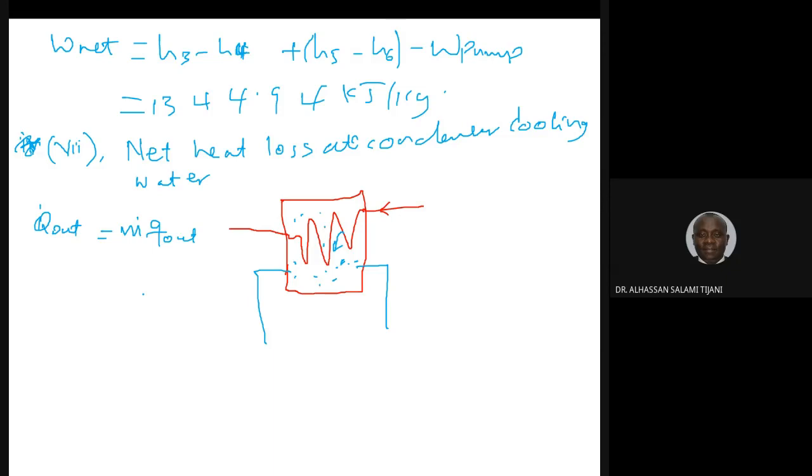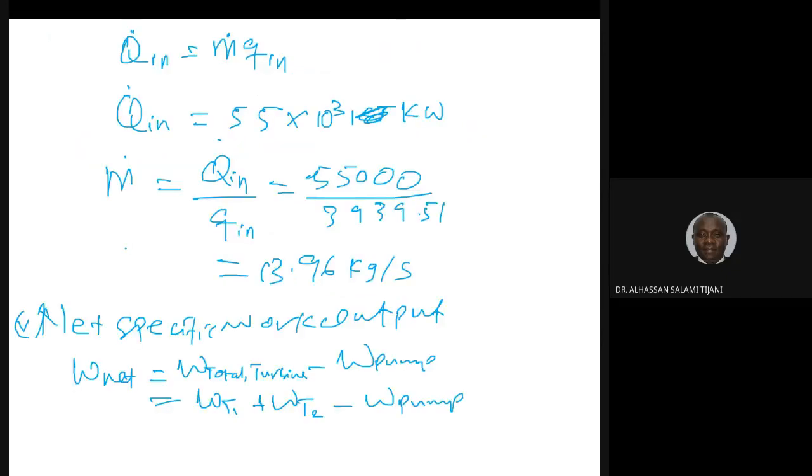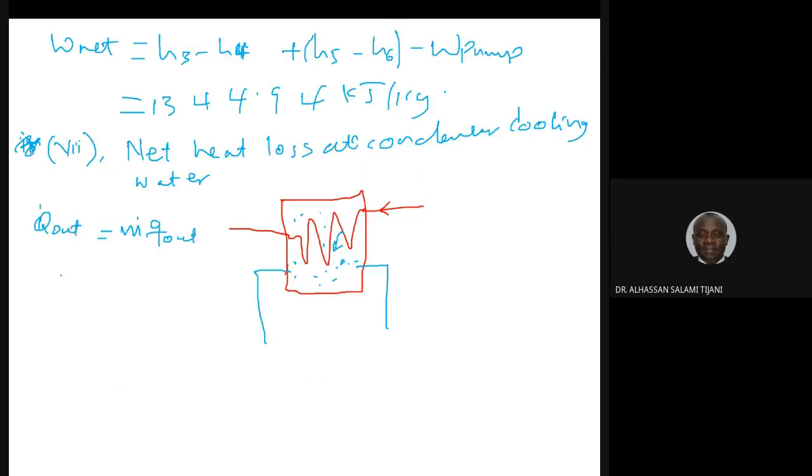But we also know that for Q out, we have also defined Q in. Let me see over here. Q out equals Q in, or in other words, the net work output, W net.